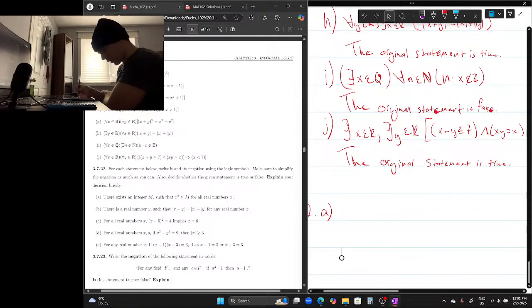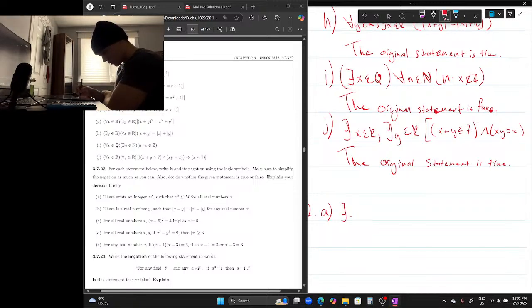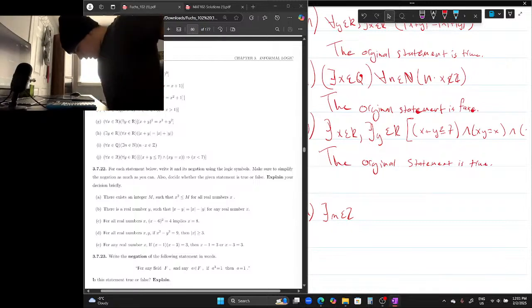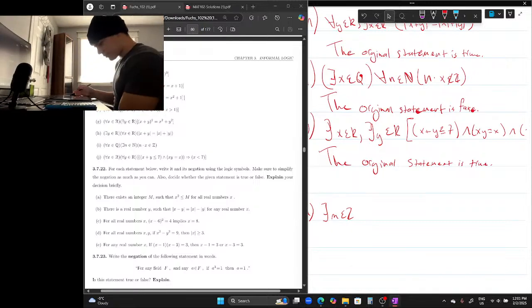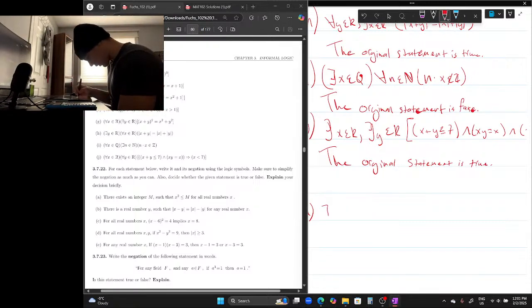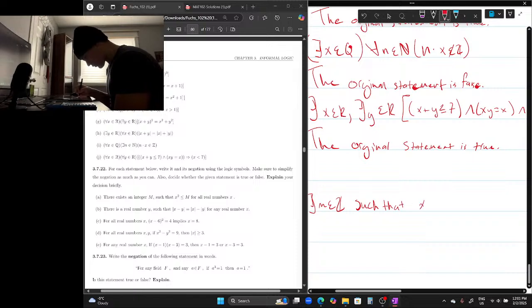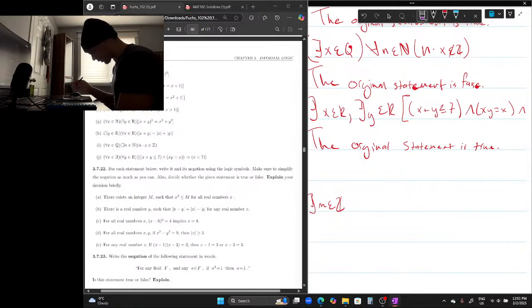There's an integer m such that. So okay, there is an integer m. Oh, so yeah, okay. So again, this is the original. Such that, again, just write a comma, or st, I guess, works fine, short form.